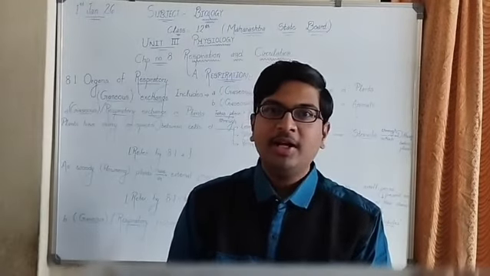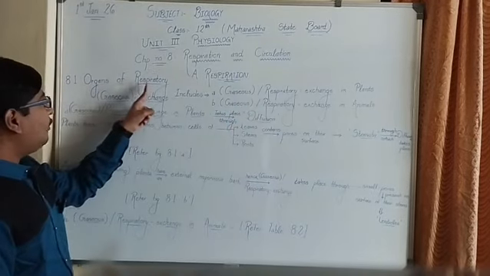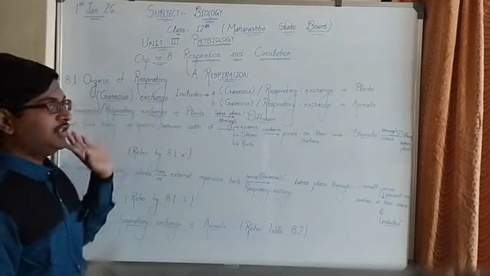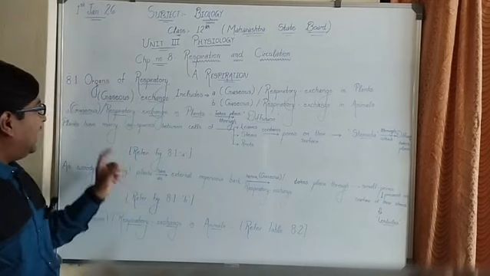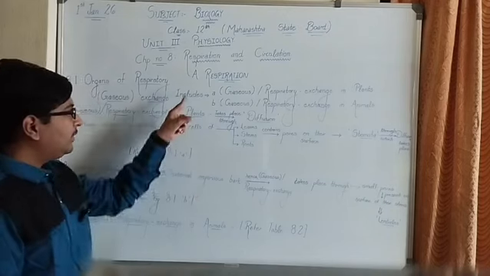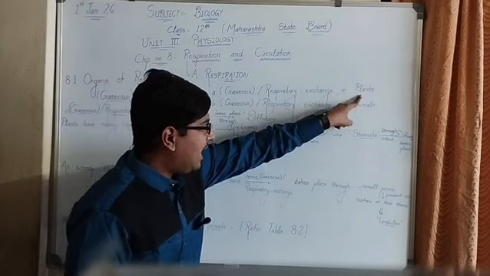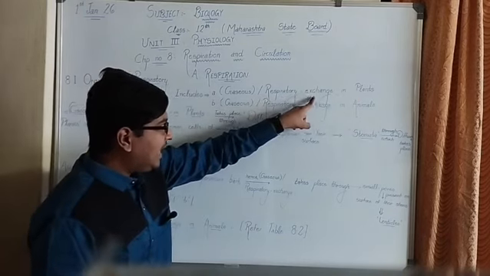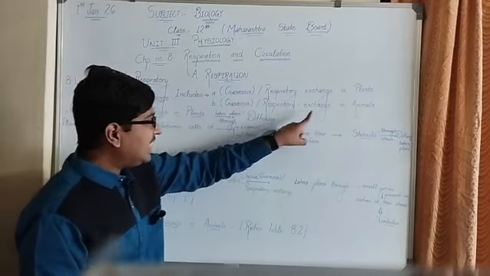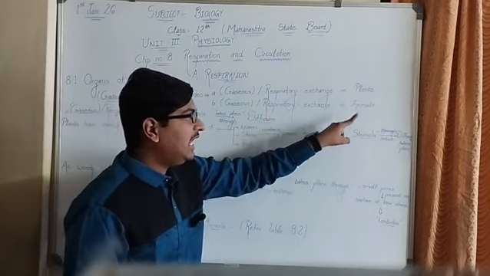So let's try to understand 8.1, which is organs of respiratory exchange or organs of gaseous exchange. Basically, this bit is divided into two subbits, which is A, gaseous exchange in plants or respiratory exchange in plants, and B, which is gaseous exchange in animals or respiratory exchange in animals.